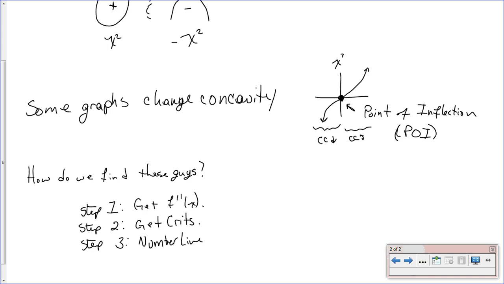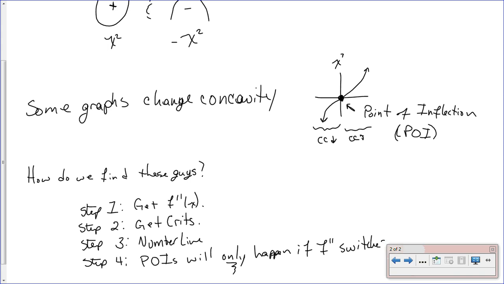And step 4, points of inflection, or POIs, will only happen if f double prime switches signs.